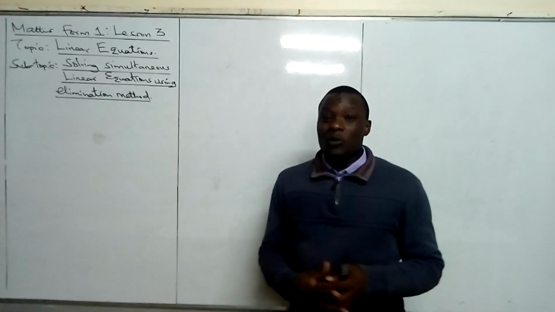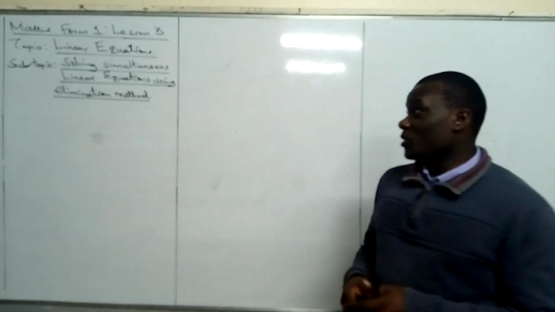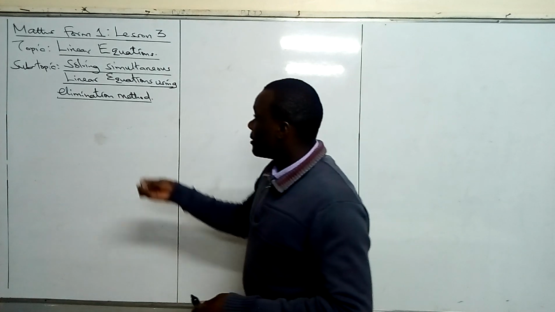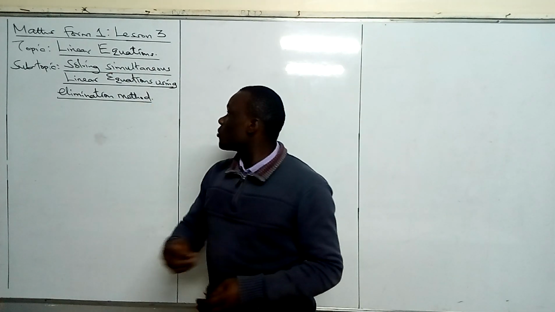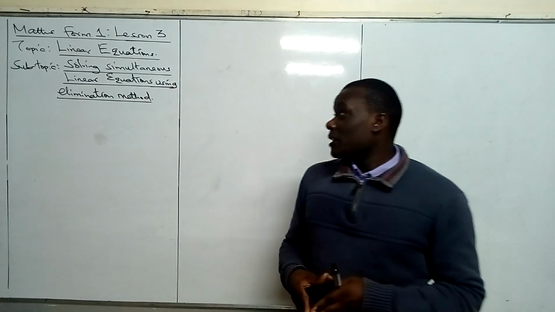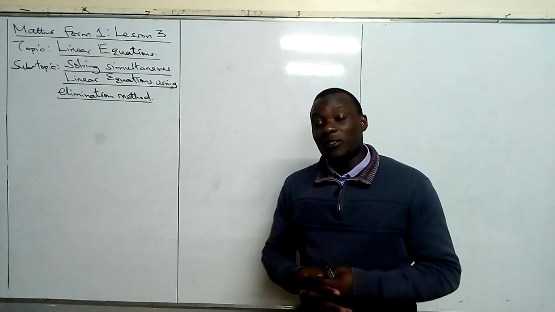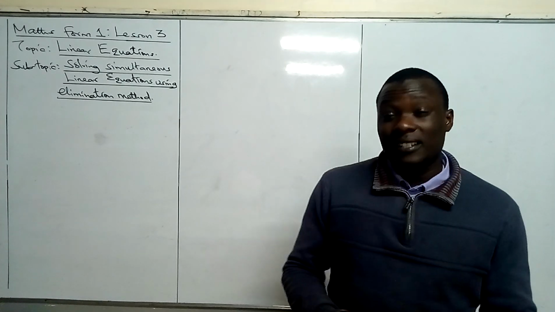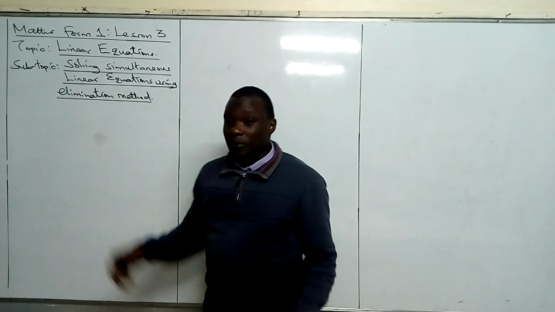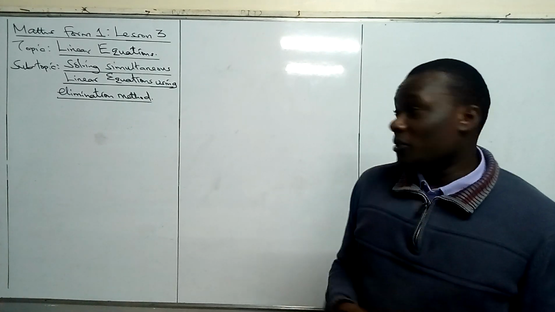So today we are looking at Maths Form 1, lesson number 3, which is a continuation of what we discussed earlier. Our subtopic is solving simultaneous linear equations using the elimination method. I want to remind you that we have 3 methods of solving simultaneous linear equations: one being elimination, another being the substitution method, and the graphical method.